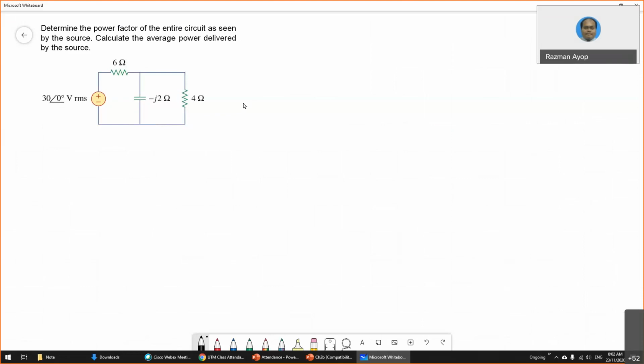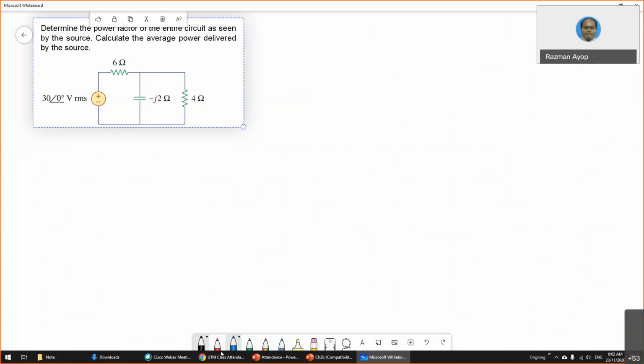First thing, of course, you have to know what is the equivalent impedance, ZEQ. First, this one and this one is in parallel.